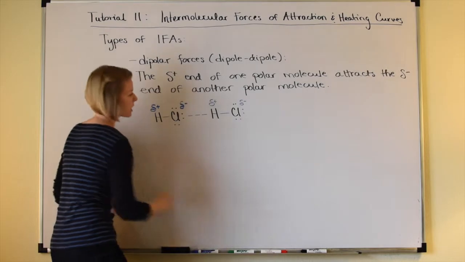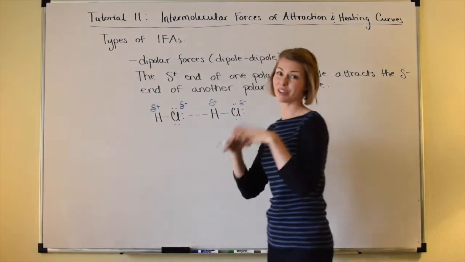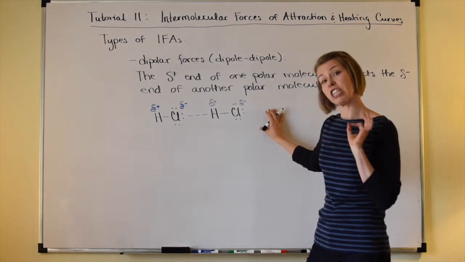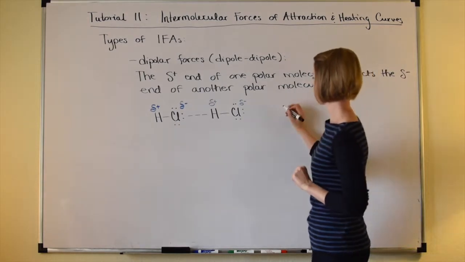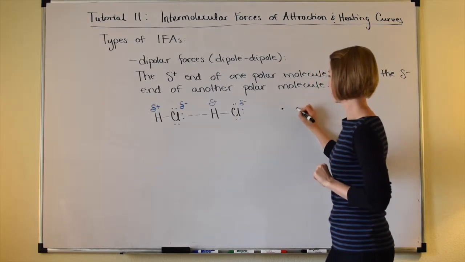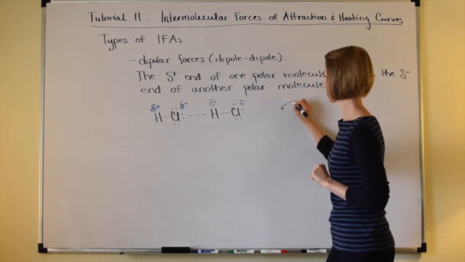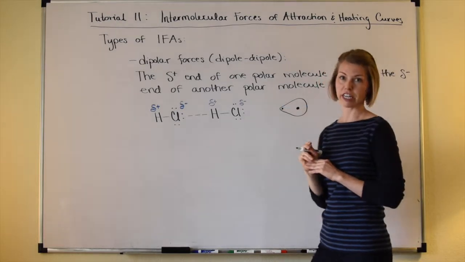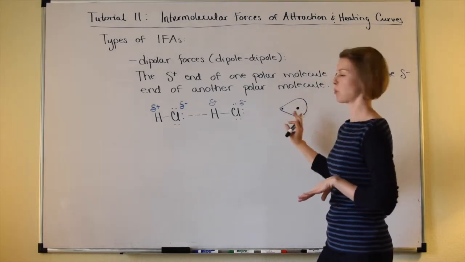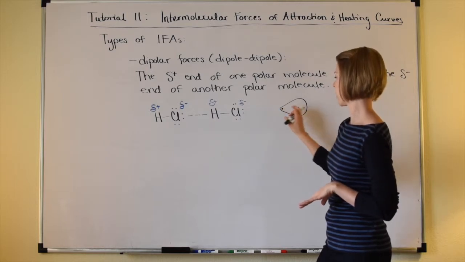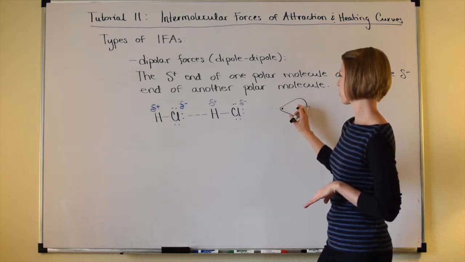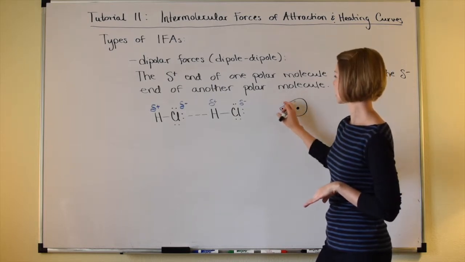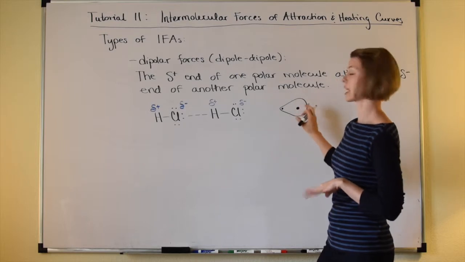Okay. Now, since there's lots of different polar molecules, this was just one example, I'm going to indicate this in a more generic way as well. So remember in tutorial 10, we also indicated the uneven electron sharing with this sort of cartoon diagram where these were the nuclei, the nucleus for the hydrogen and the nucleus for the chlorine, and then we showed that the hydrogen side had less electron density. This cloud is showing the electron density. The chlorine had more.